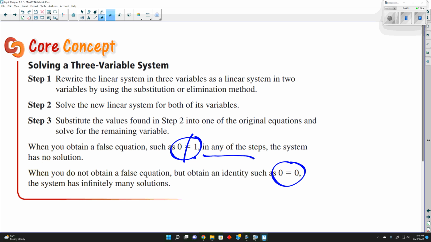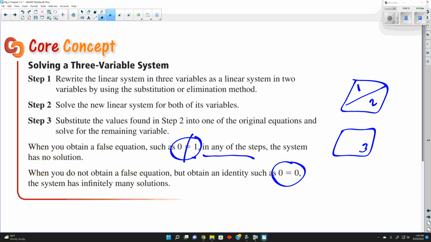Does that make sense? Because essentially what I'm describing is that two of the planes, so two equations, are essentially the same plane. And the third one is parallel down here. So the first two are the same, but the third one's off on its own. So it's no solution.